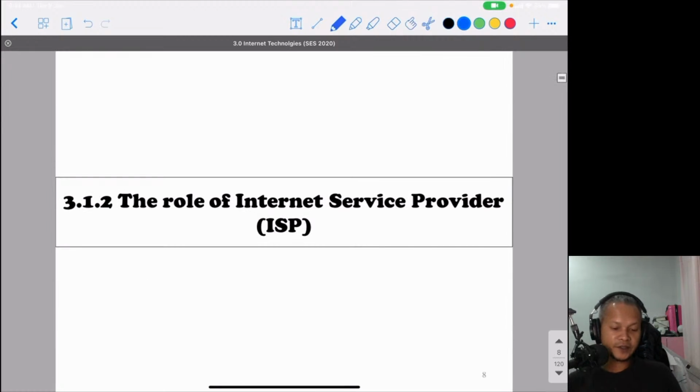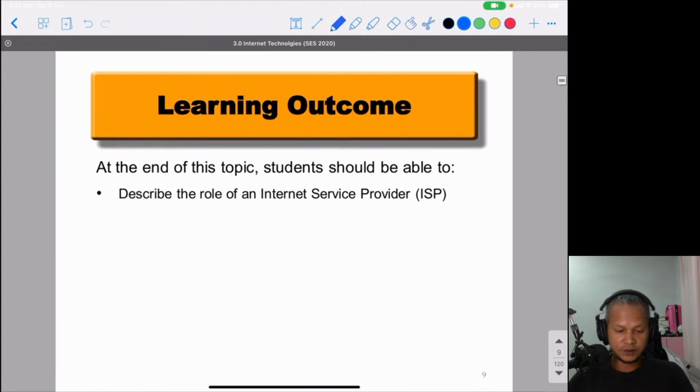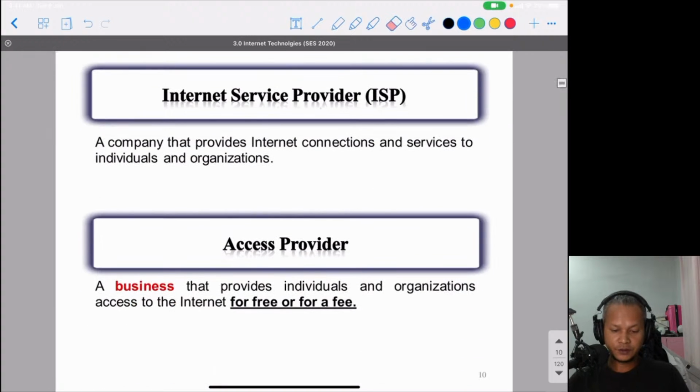Okay, we go to the next, the role of the internet service provider, ISP. Describe the role of ISP. So who is ISP?